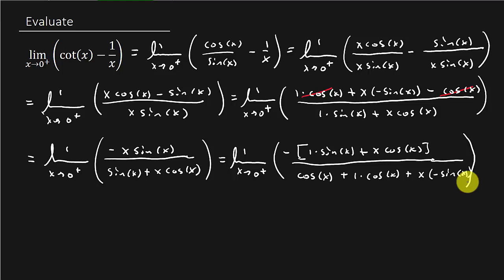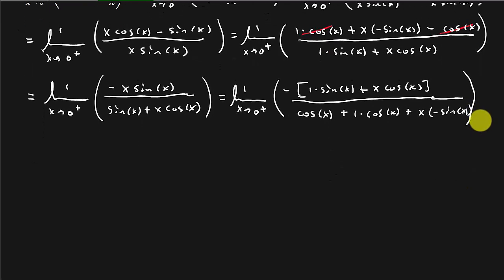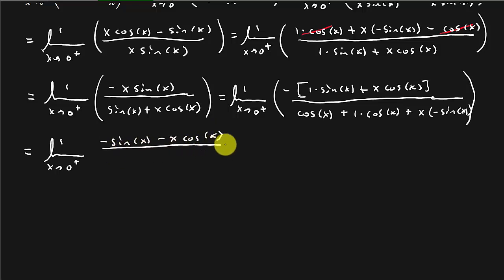So let's simplify this sum. We get the limit as x goes to 0 from the right of negative sine x minus x cosine x over, look at this, cosine x plus cosine x is 2 cosine x minus x sine x. Now let's plug the 0 in.